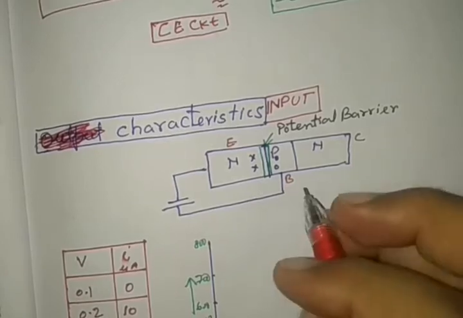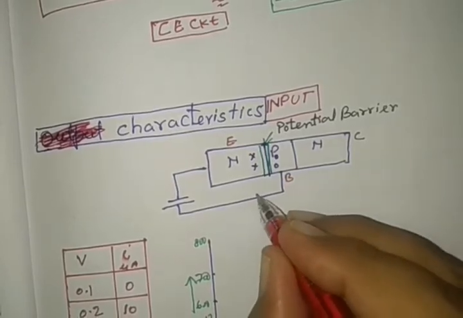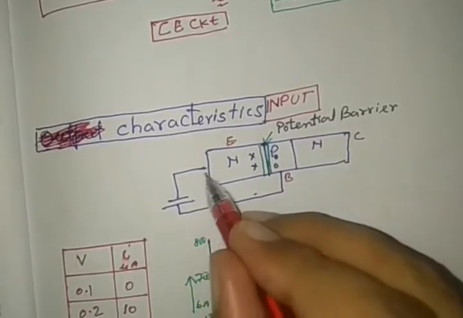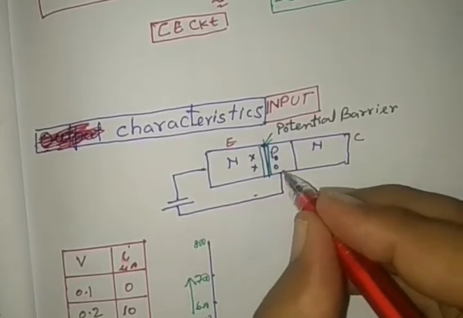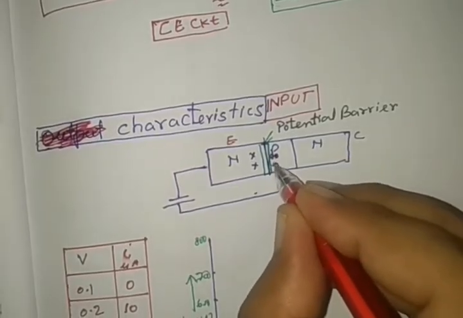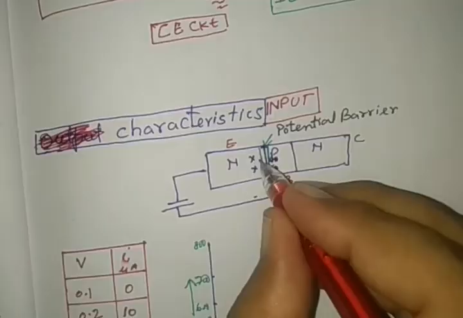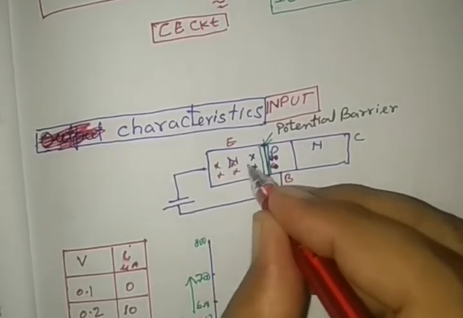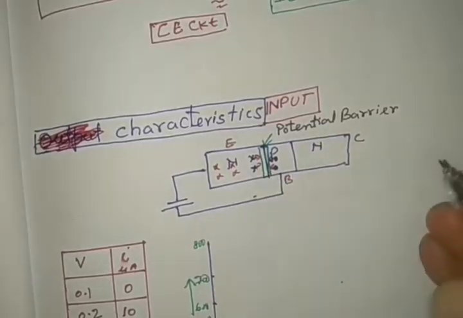So a base current is emitting here. See, the circuit is forward biased. Both terminals are forward biased. So it is positive to positive, the majority charge carriers repel, the electron negative charge carriers repel.